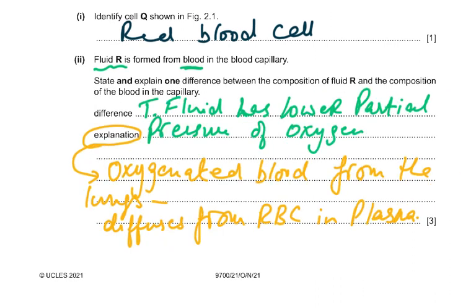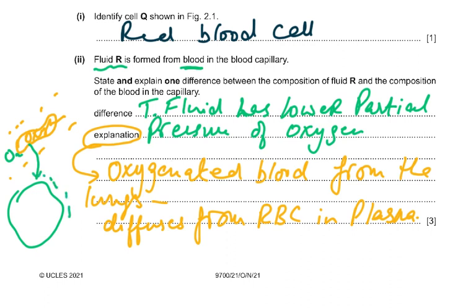Another comparison which you could have made is that the tissue fluid has lower partial pressure of oxygen. Naturally, what you've got to understand is that this is the capillary. And inside the capillary, you have the red blood cell, and the red blood cells contain the oxyhemoglobin. And this is the cell outside. So oxygen is going to be higher in the capillary, and then oxygen is going to diffuse through the tissue fluid and into the cell.